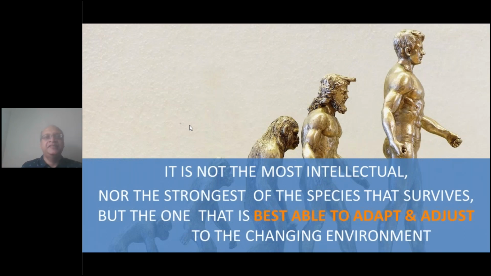As I saw that many of you are studying in B schools, it's very important. And those of you who have a lot of years of work experience, remember the Darwin statement: it's not the most intellectual, not the strongest of the species, but the one that is best able to adapt and adjust to the changing environment.